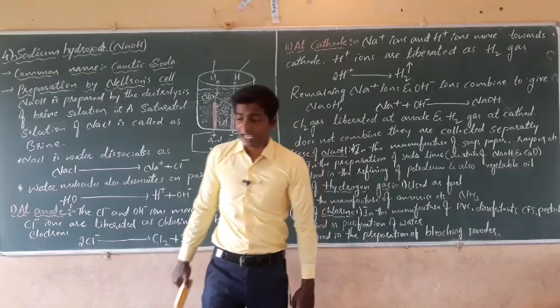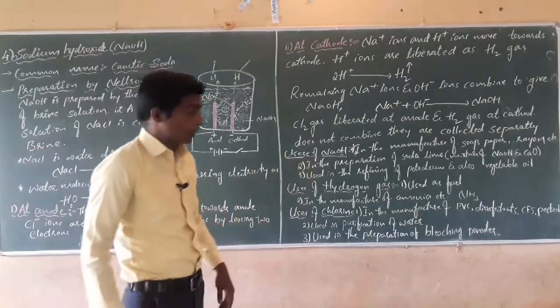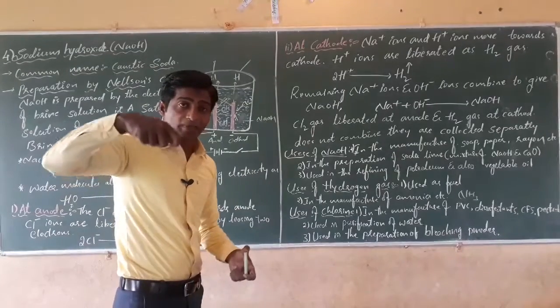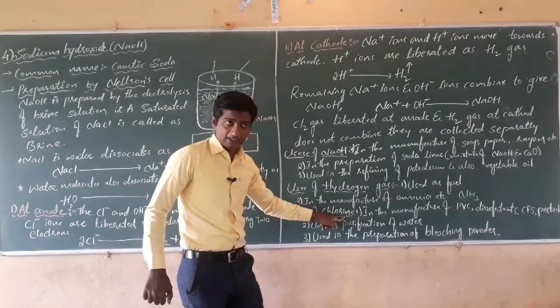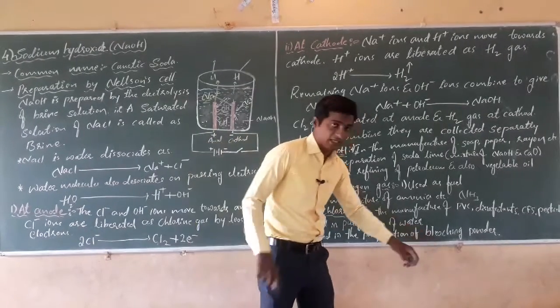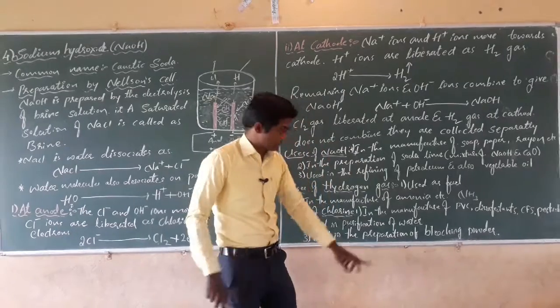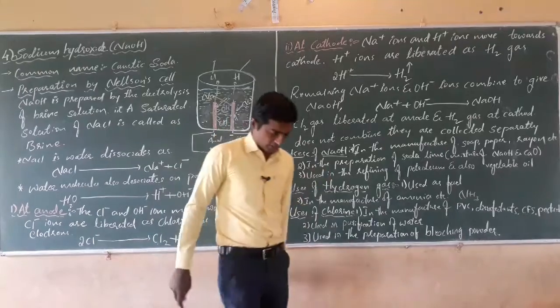In the last class you have studied the preparation of bleaching powder. It means on passing the chlorine gas through calcium hydroxide, we will get bleaching powder. In the preparation of bleaching powder also we are using the chlorine gas.